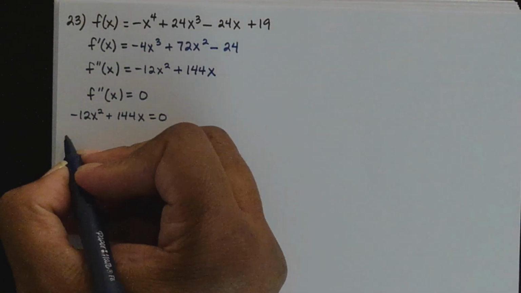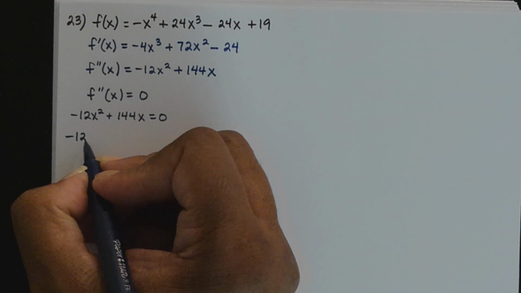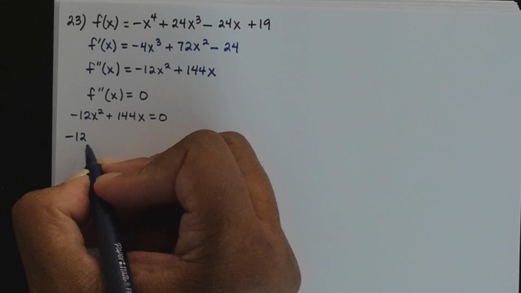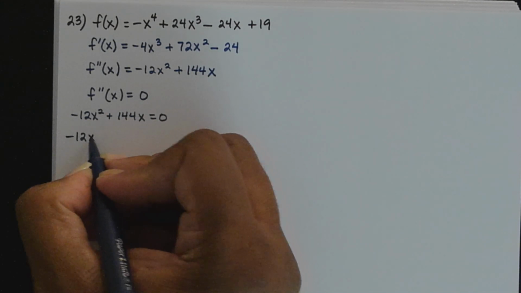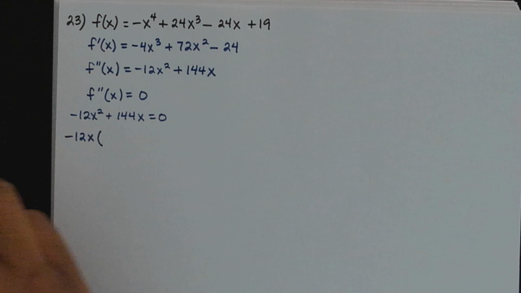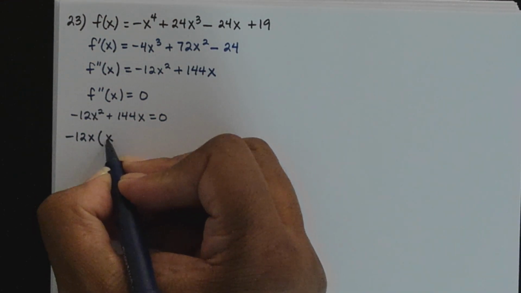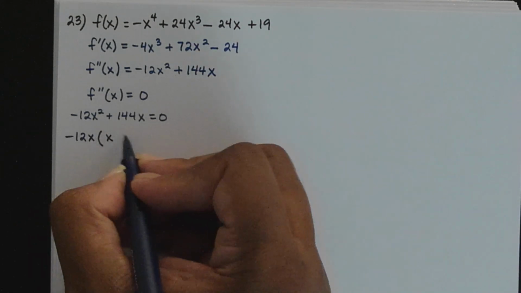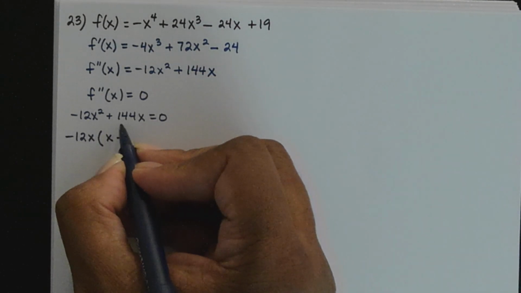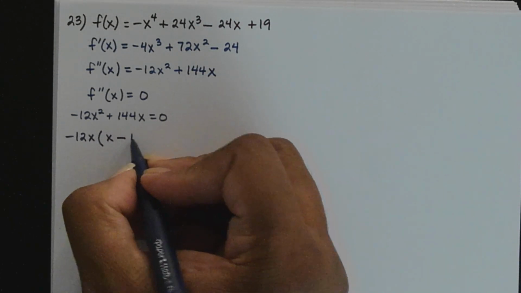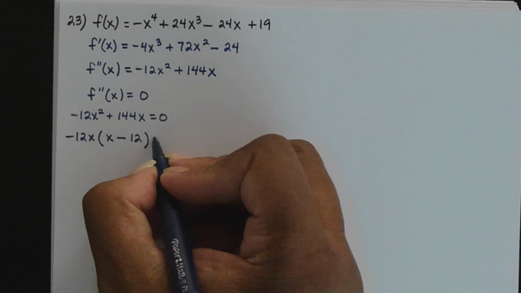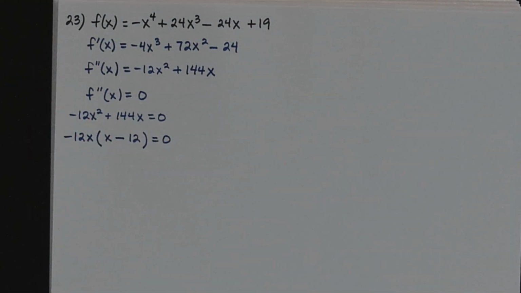Negative 12 and x. If I factor out negative 12x, that would leave a positive x, and then positive divided by negative will be a minus. 144 divided by 12 will be 12. So I have negative 12x times the quantity x minus 12 equal to 0.